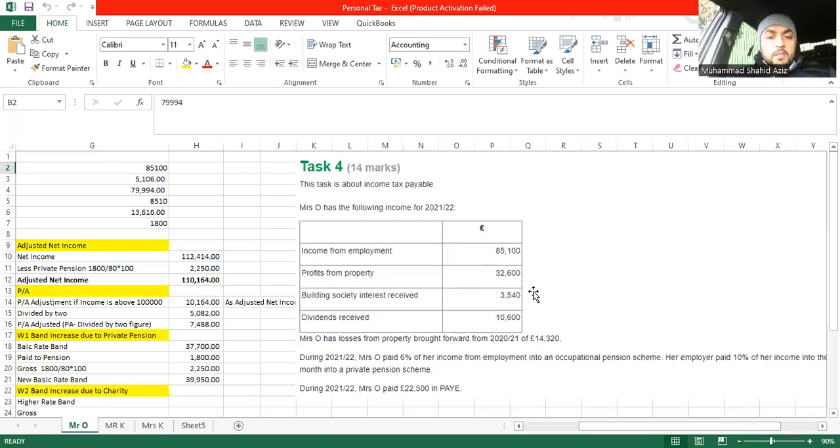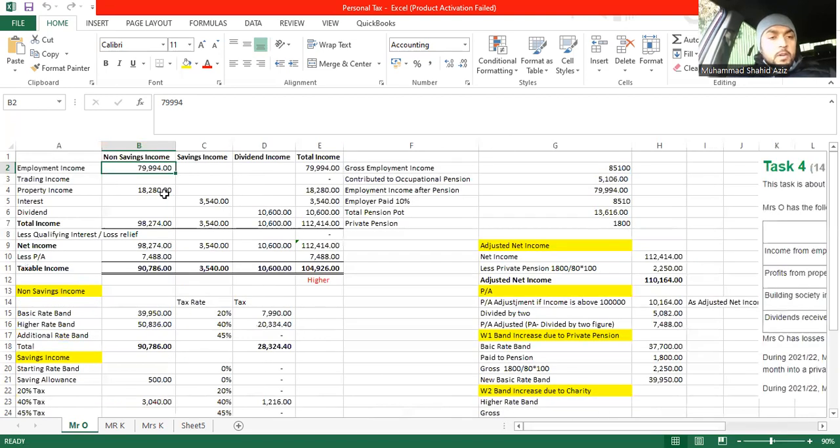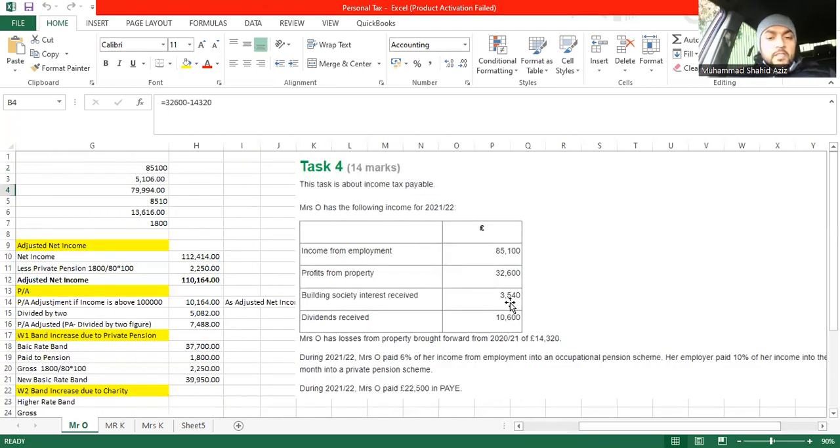So 32,600 minus 14,320 is equal to 18,280 pounds. So I have written it here: property income is 18,280.